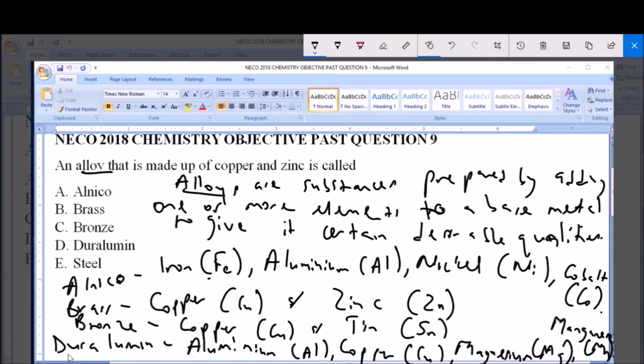And then steel is made up of iron and carbon. So these are the various constituents of each alloy given to us in the options. Now we are asked for the one that is made up of copper and zinc, and from what we've established here, option B, brass, is the alloy made up of copper and zinc. So option B, brass, is the correct answer to this question.